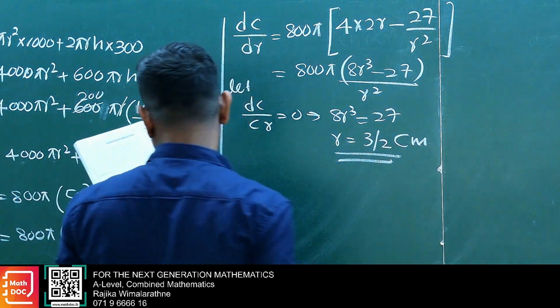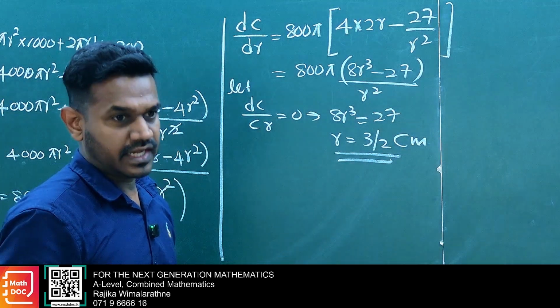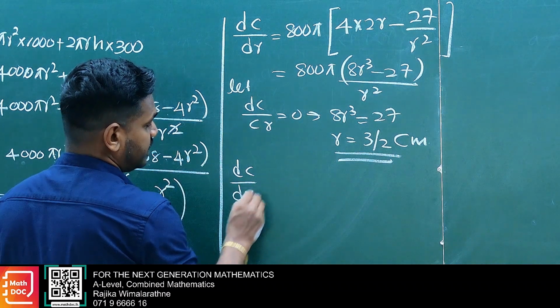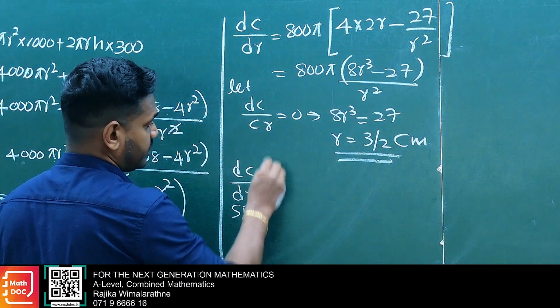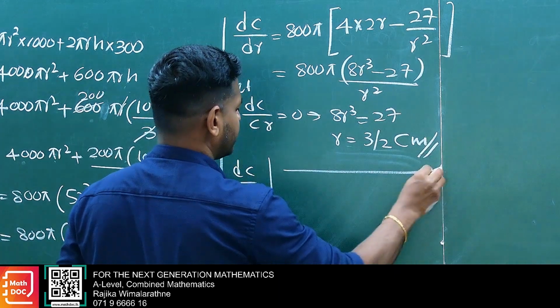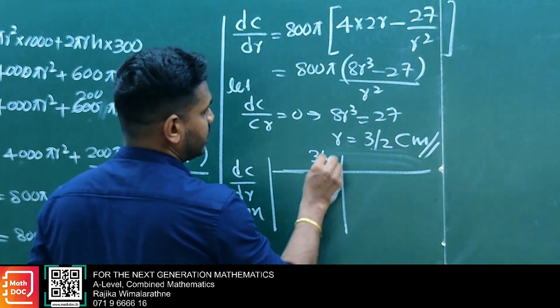When r equals 3 over 2, that happens. Then you check the sign of dC over dr about this value.